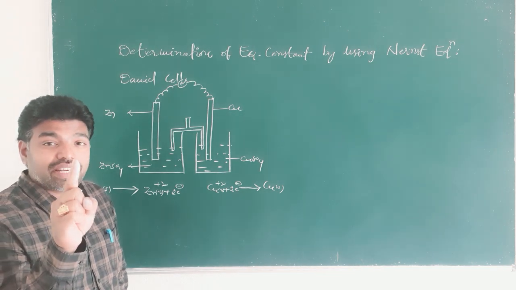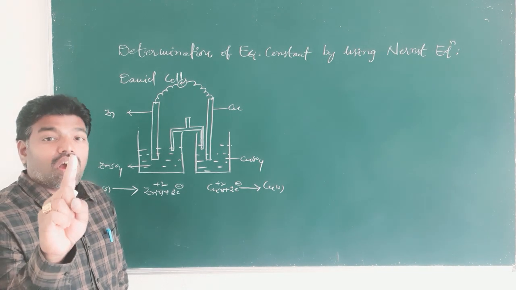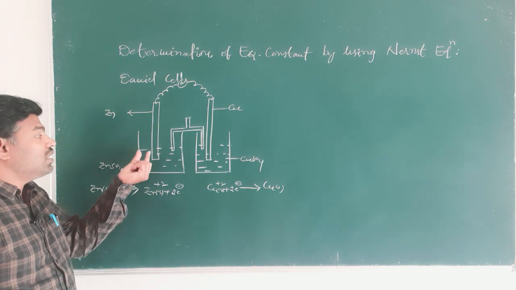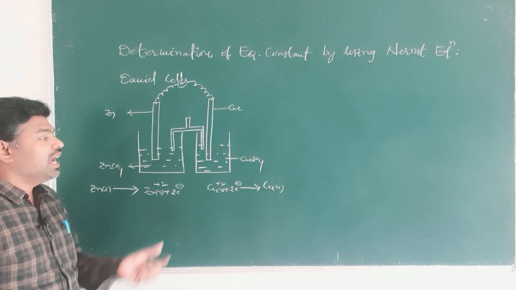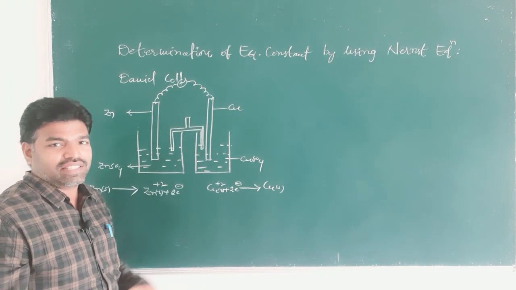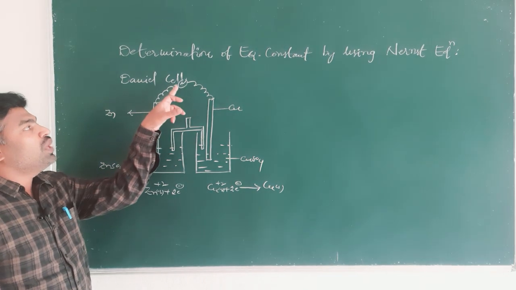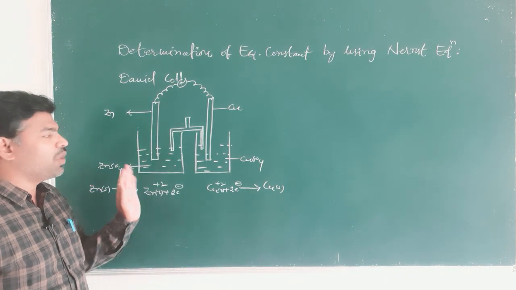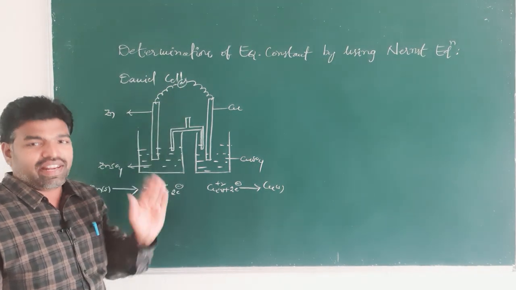When the cell is functioning, the concentration of Zn+2 ions in this compartment increases, and the concentration of Cu+2 ions in this compartment decreases. Corresponding to this concentration polarization, the voltage of the cell varies, right?